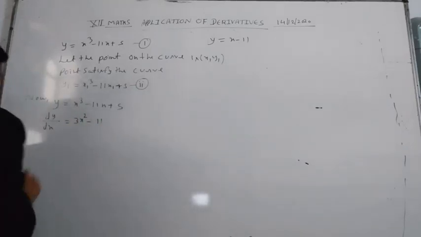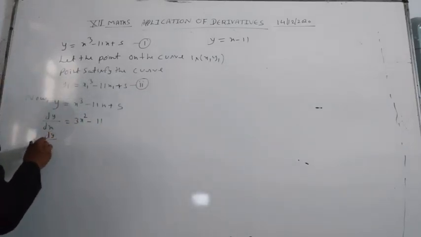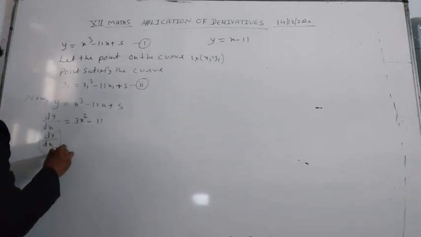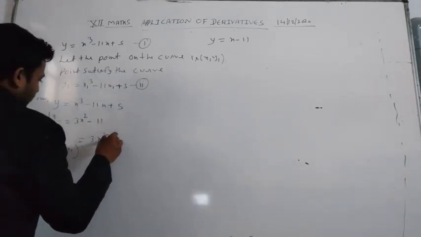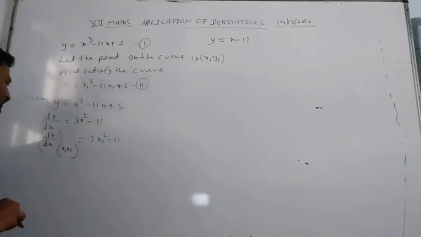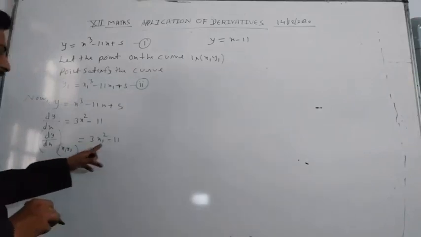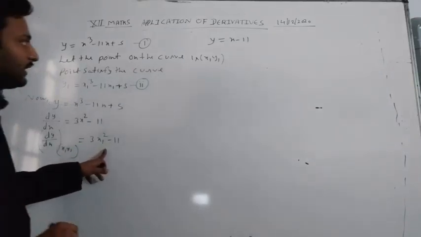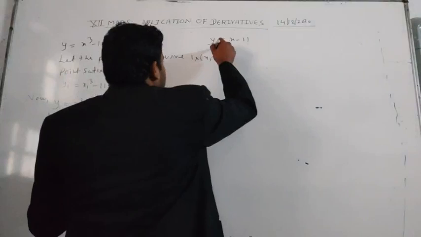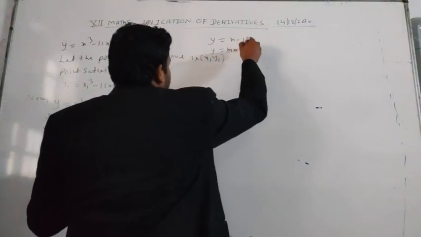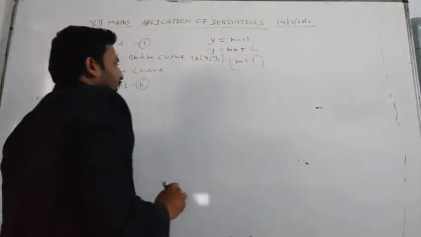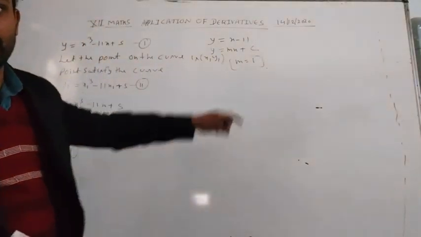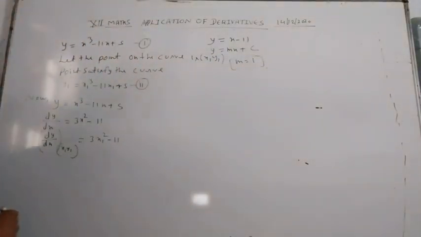So dy by dx at the point x1, y1 will be 3x1 square minus 11. Now this is the slope of tangent, students, and comparing with the given equation, the slope of tangent from the given equation of tangent is 1.